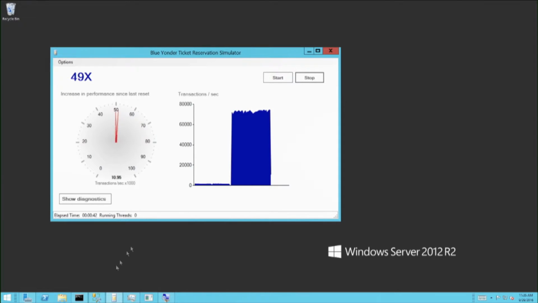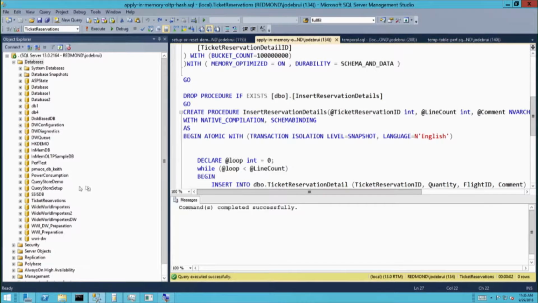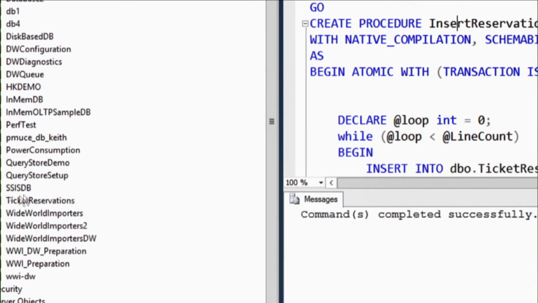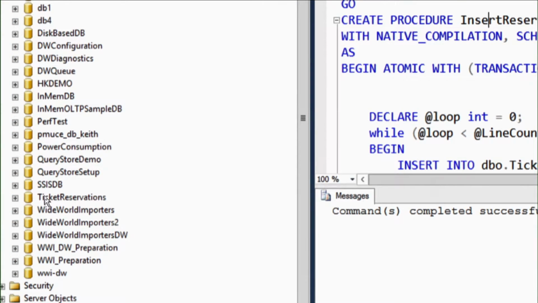In this case, I'm going to apply delayed durability to this database. You can apply delayed durability at the transaction level, at transaction commit, or at the database level, where you can force every transaction to be delayed durable. And that's what I'm going to do here.